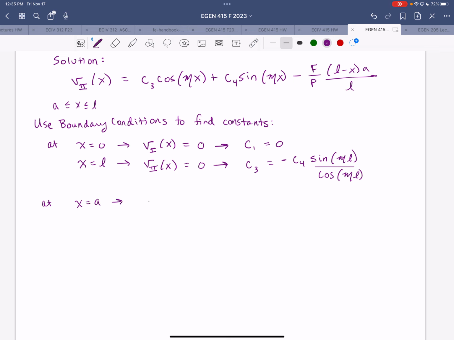So say at x equals a, deflection in region 1 should equal deflection in region 2.